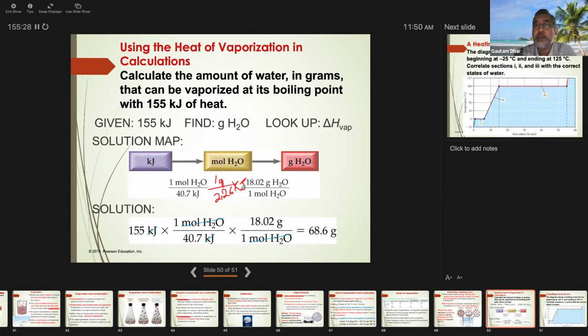So you don't need this one now. So you can multiply this with 155 kilojoules, and you'll get the same answer. You can try that in your calculator. So remember, because this kilo and I have this kilo, this is canceling out. Otherwise, I might have to convert the kilojoules to joules by multiplying with 10 to the power 3.